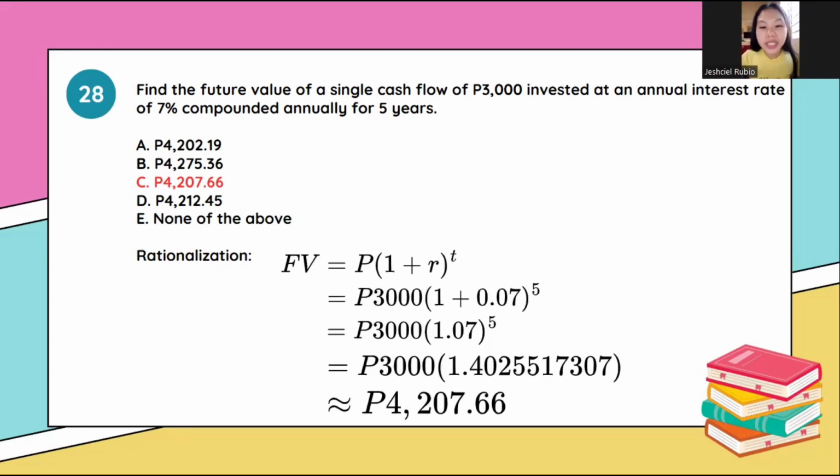Now copy the 3,000 again, and 1 plus 0.07 is equal to 1.07, to the power of 5. Next, copy again the 3,000, and 1.07 to the power of 5 is equivalent to 1.402551737. And then multiply it: 3,000 times 1.402551737. So the answer is 4,207.66. Next, let's proceed to number 29.